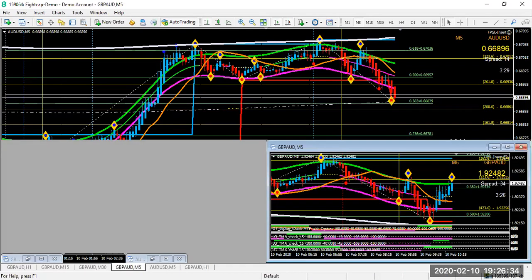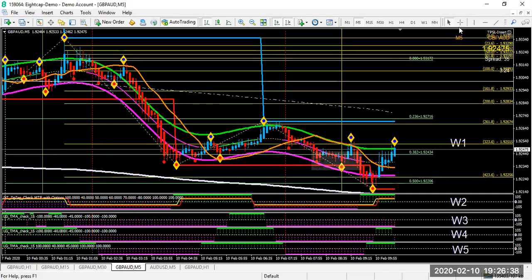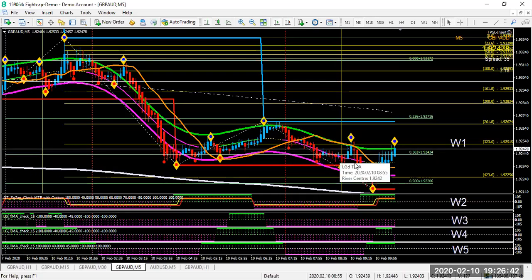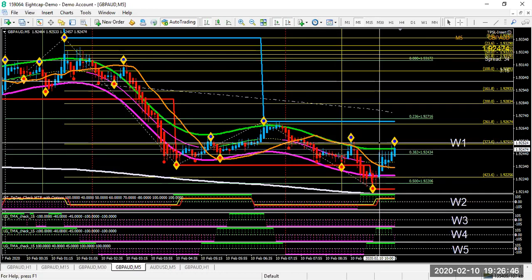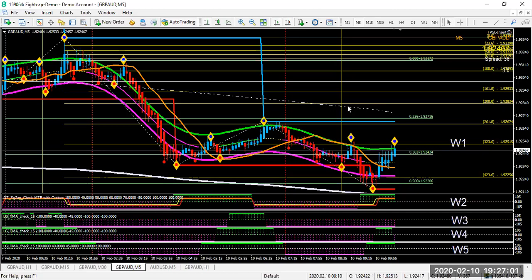Okay, here we are, 5 minutes. So once again, on the 5 minutes itself, 26. So 1 for 1, same rules apply. If you're going to use this template, use all the rules and default settings as outlined in Fulcrum Trading.